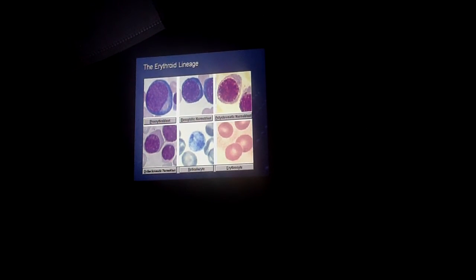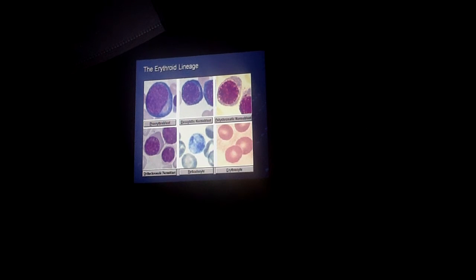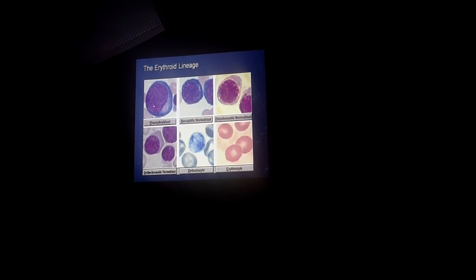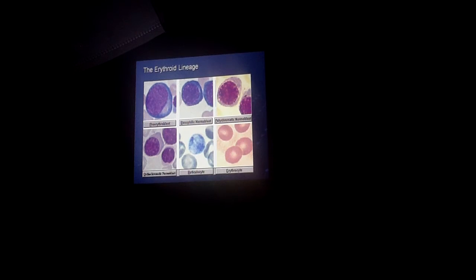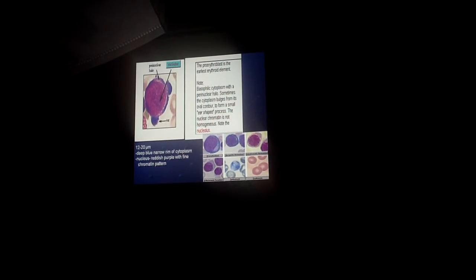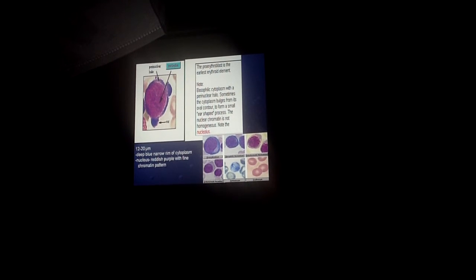Now, the first identifiable stem cell or precursor of the red cells in the bone marrow is that cell, proerythroblast. So, blast cell pa rin, just like the myeloblast. Now, in some books, that cell is also called the pronormoblast. So, pronormoblast, proerythroblast, sa pangalan lang nag-differ, pero same banana pa rin yan sila. What are the identifying features of a pronormoblast?